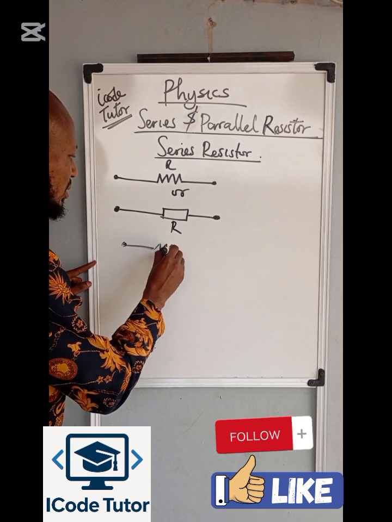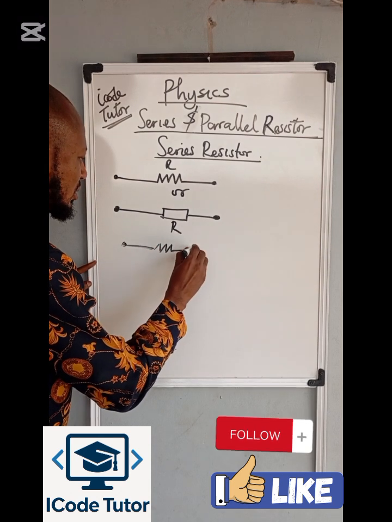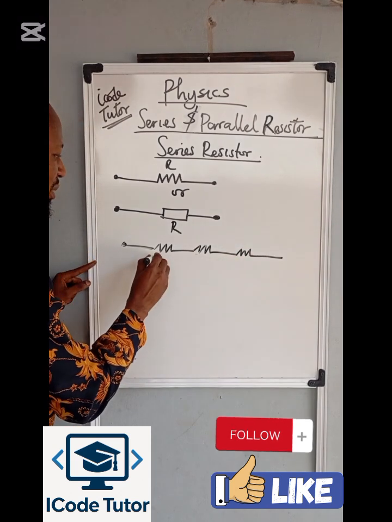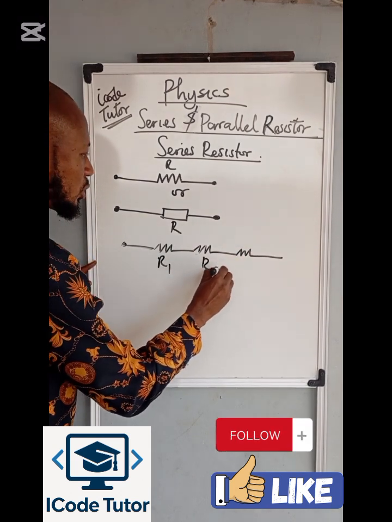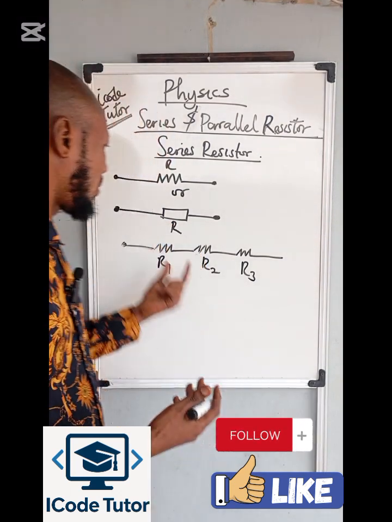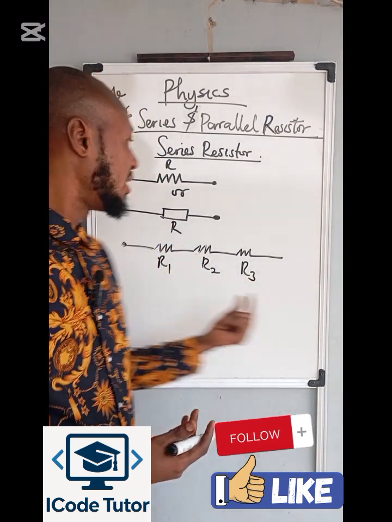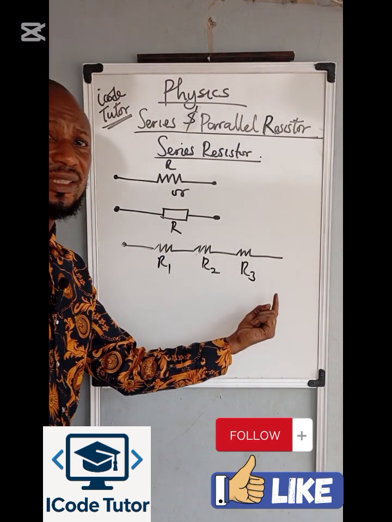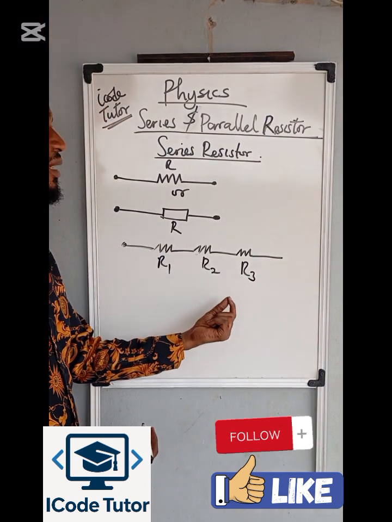Now, let's say we have this. This one will be R1, R2, R3. Now, you may be asked to calculate the total resistance in the circuit. Let's say you have to calculate the total resistance in a series circuit.